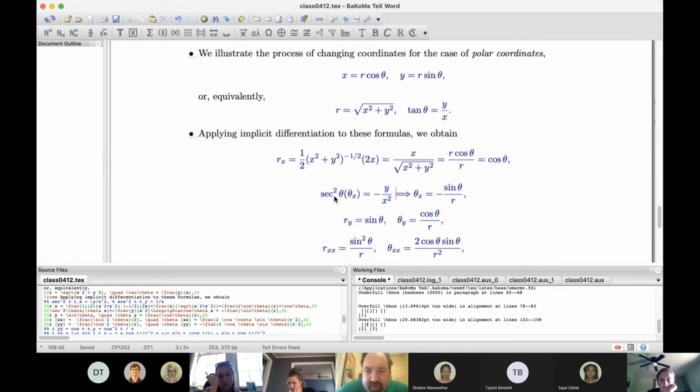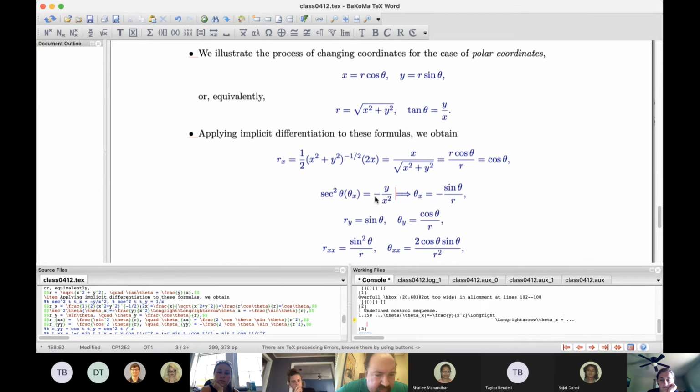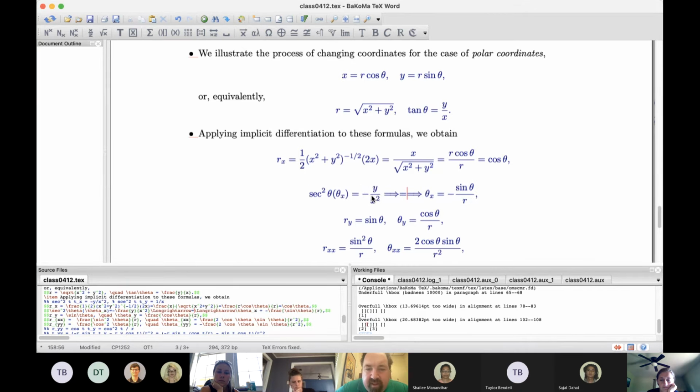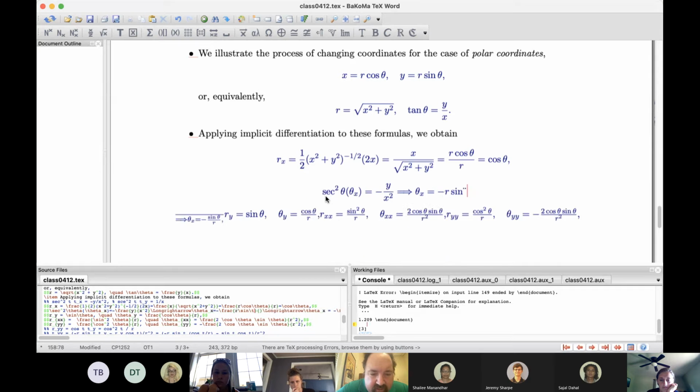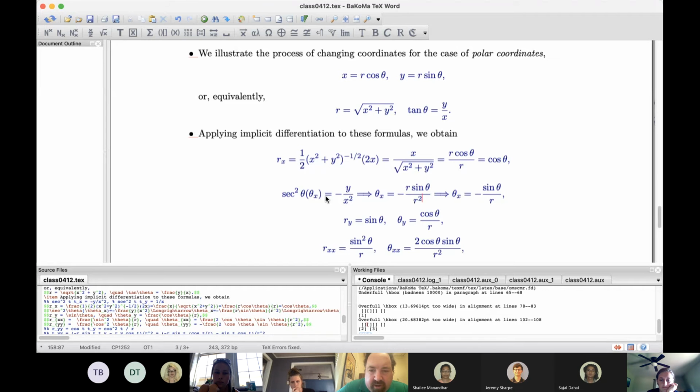So then what I could do is rearrange, and I get theta x on the left side, and then if I move secant squared theta to the other side, that's going to be minus. All right, so y is going to be r sine theta. x squared will be r squared cosine squared theta.